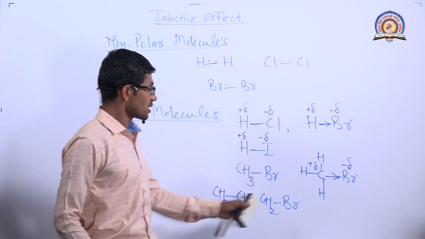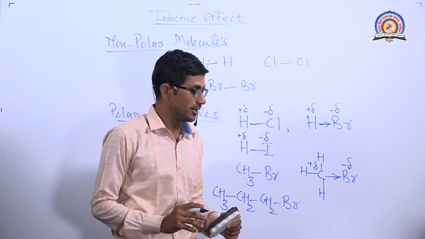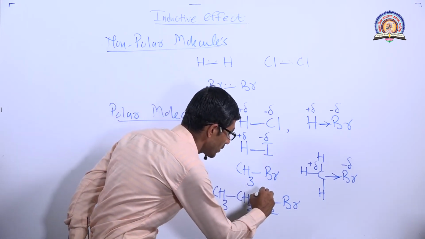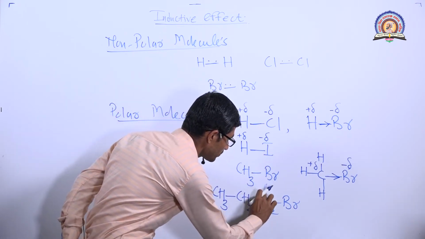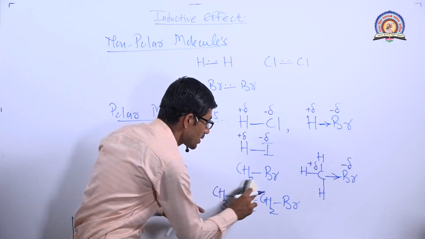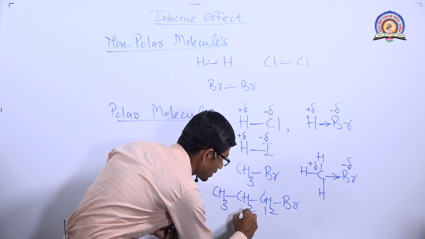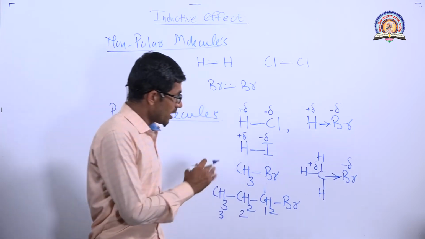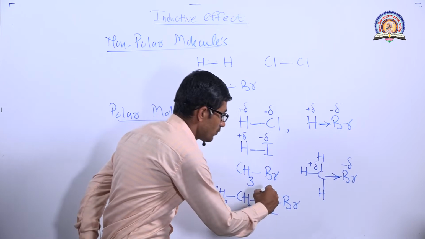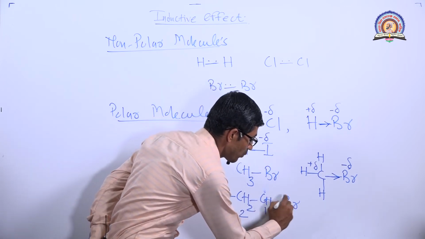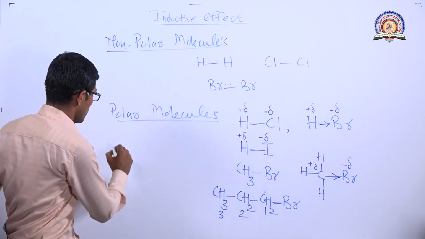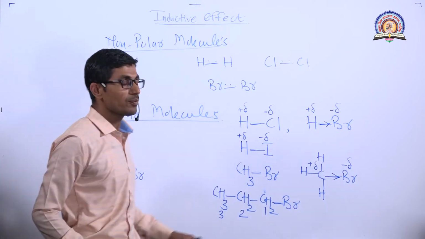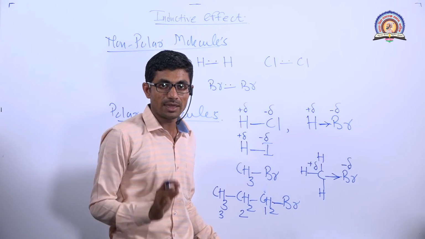So when you consider the example of n-propyl bromide, suppose this is carbon number 1, this is carbon number 2 and this is carbon number 3. So in n-propyl bromide, we can say that the C1 carbon and the C1-Br bond is a polar bond. So why is this a polar bond?